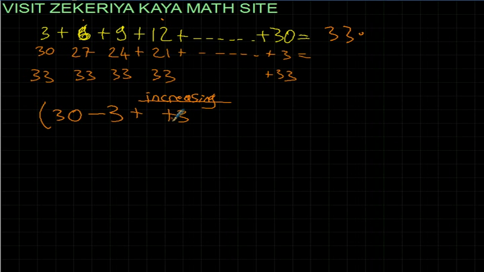Now from this, you can find that for 30 there will be 10 numbers. 30 divided by 3, there will be 10 numbers. But I want to make it general. Okay?